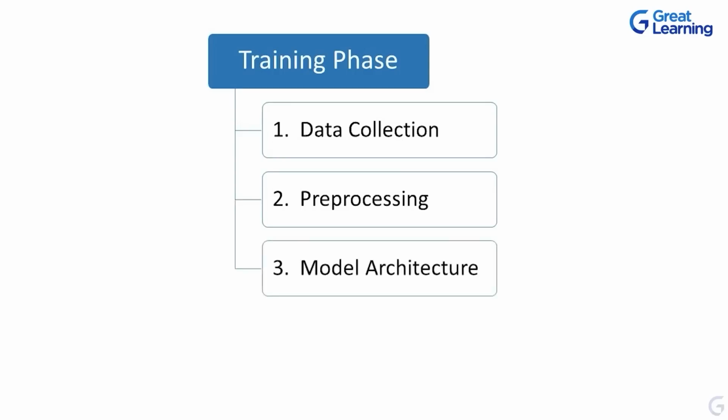Step 3, model architecture, which is nothing but designing the neural network structure, typically a transformer. Step 4, training, which is adjusting model parameters by predicting the next word in sentences. By this training phase, the LLMs are trained on vast amounts of data to do further predictions.